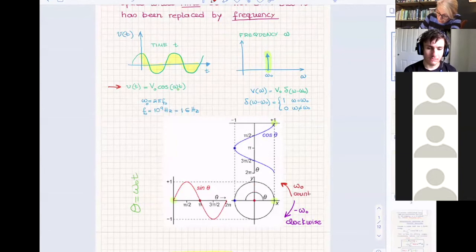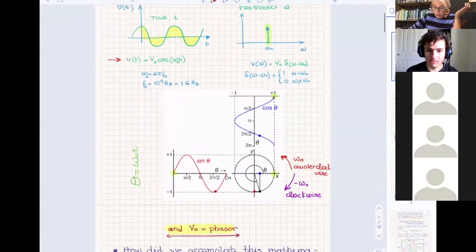So while in reality there are not negative frequencies, a negative frequency may just imply the direction of the rotation of the change of the phase.